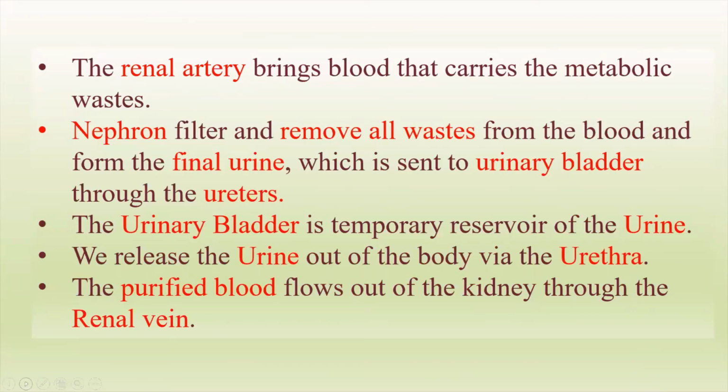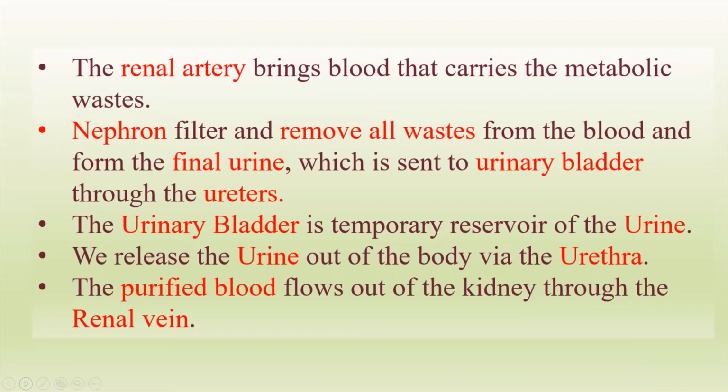And let me tell you what happens to the urine, which is the waste. This urine is sent to the urinary bladder through the ureters. The ureters are tubes which carry urine to the urinary bladder from the kidneys. The urinary bladder is the temporary reservoir of the urine. Here the urine is stored until it is released. When the urinary bladder is full of urine, we feel like urinating, or you can say going to the toilet.